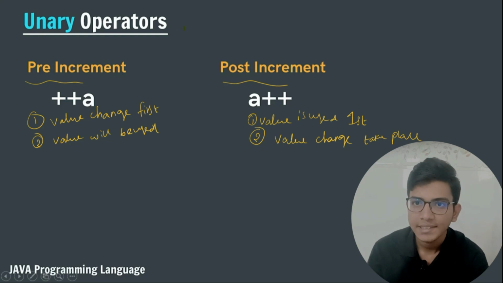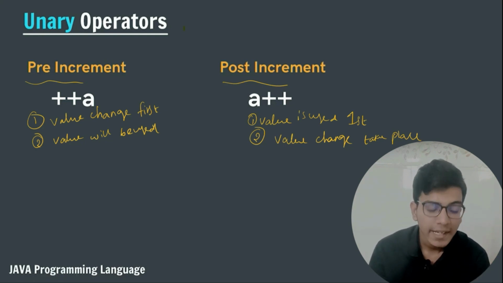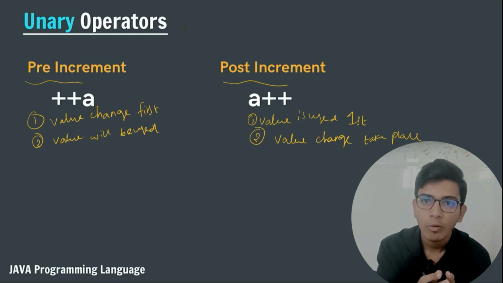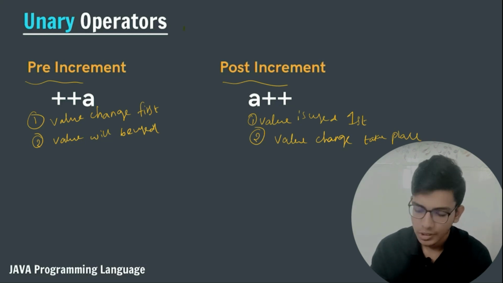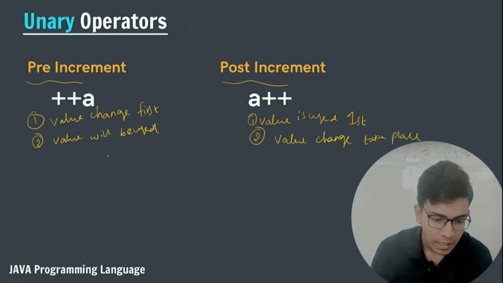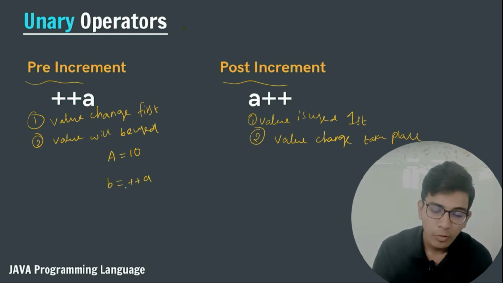Let us understand exactly what is pre-increment and post-increment by using an example and by understanding what is going on in memory allocation. So let us consider the value of an integer variable a is 10, and we are assigning the value of b is equals to plus plus a. We have studied that our memory is in the form of blocks, right?